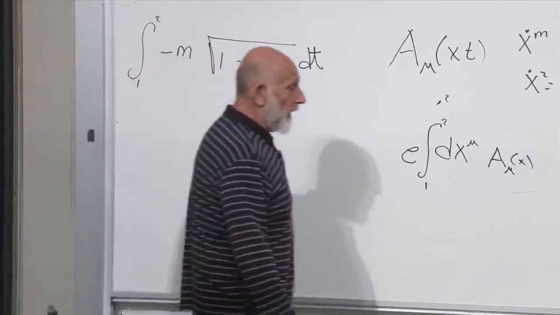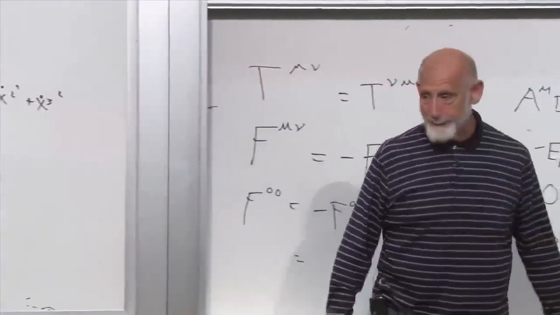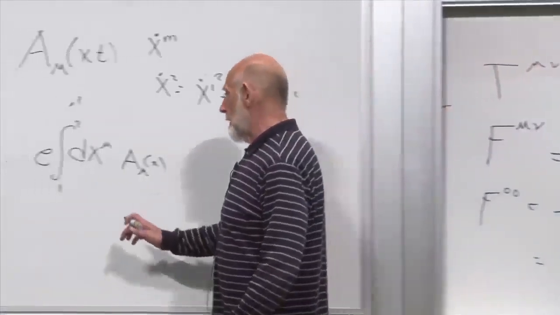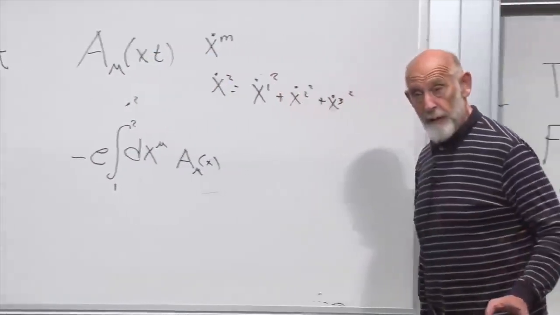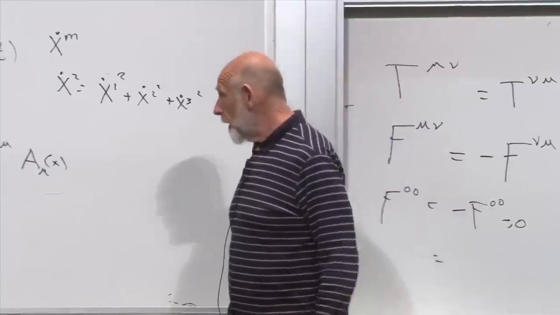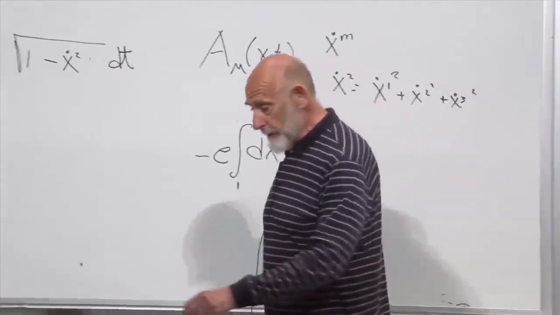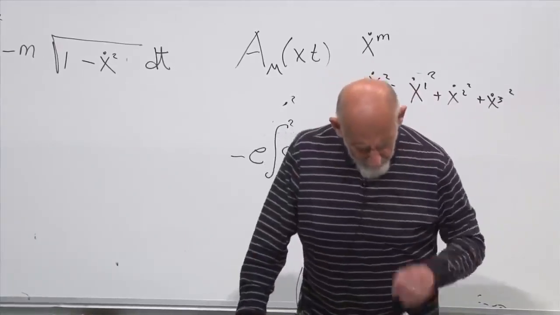And because of a notation that was first put in place by Benjamin Franklin, there's a minus sign here. That's arbitrary. It depends on our definition of electric charge.